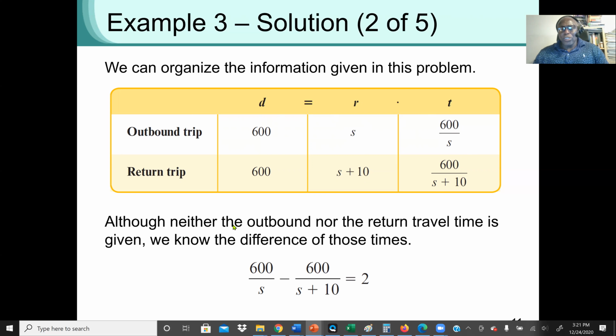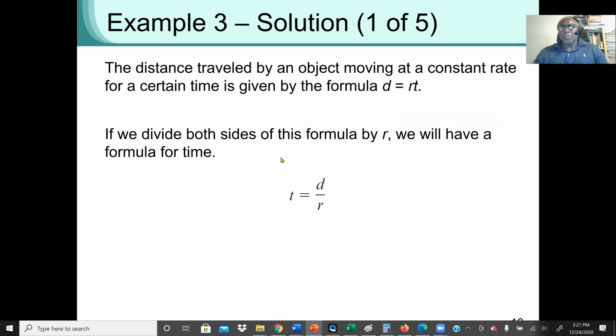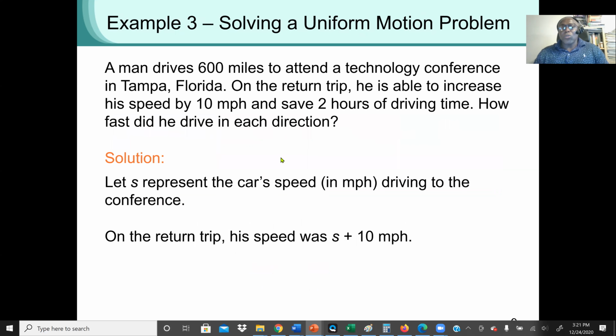Now, although neither the outbound nor the returning travel time is given, we already know the difference of those two times. So I know 600 over S minus 600 over S plus 10, when the speed is increased, we save 2, so it's equal to 2 hours. We can see this from the question. Let's go back to the question one second.